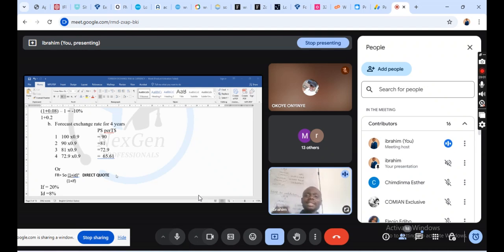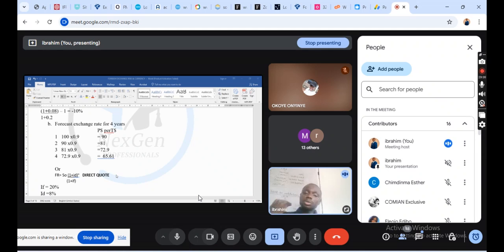After you calculate your percentage depreciation, you can say everything is 100%. It will decrease by 10%, minus 10 from 100, that is 90. So the first year, 90, the second year, 81, the third year, and that is how it is, right?